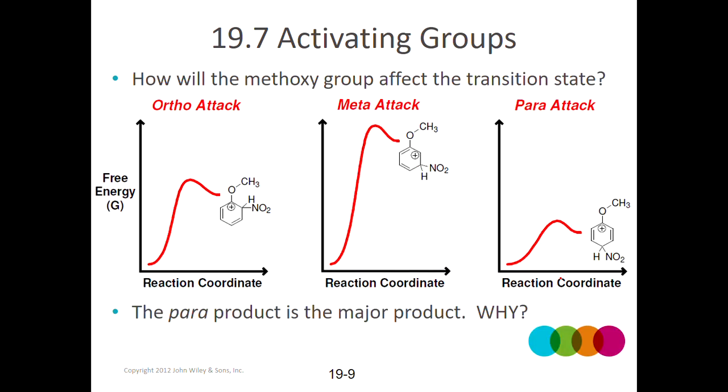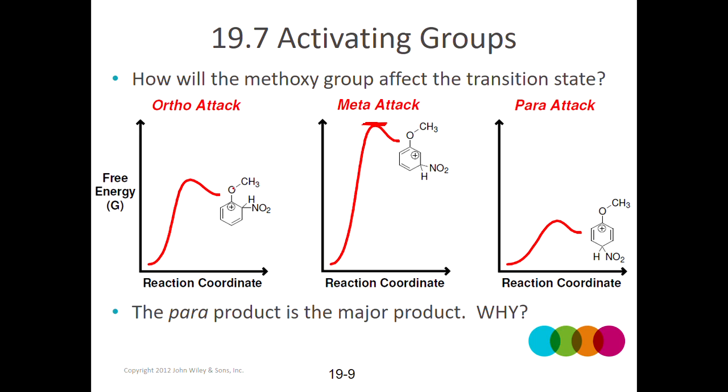So when we look at the reaction coordinate diagrams for the nitration of anisole, we see a much higher energy for the meta attack versus the other. So it's not like there's something that's making this unstable.